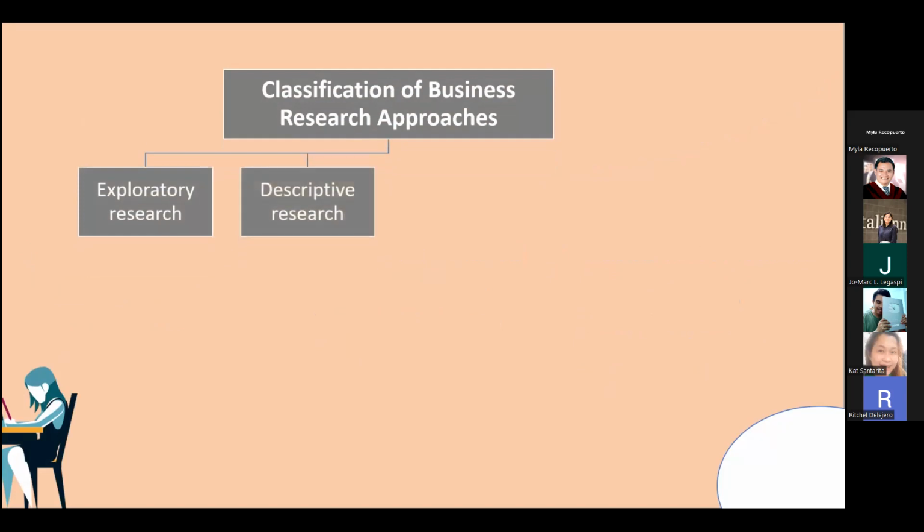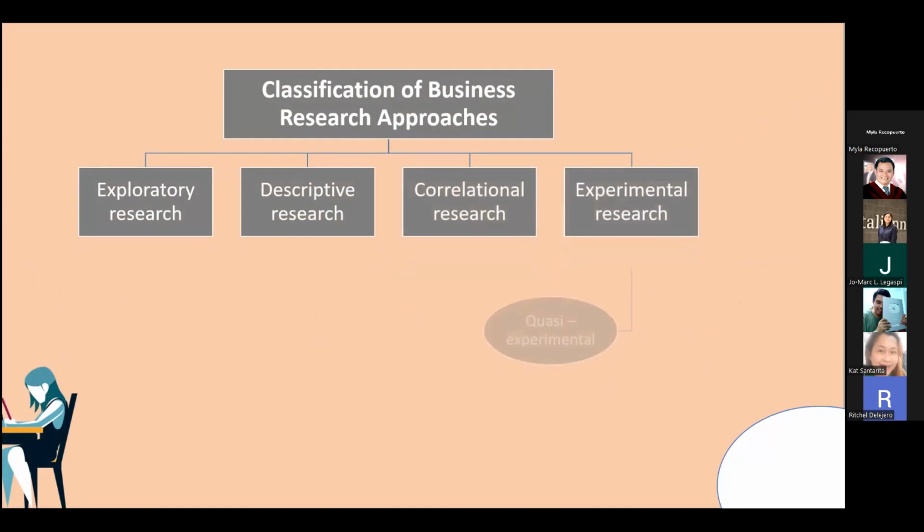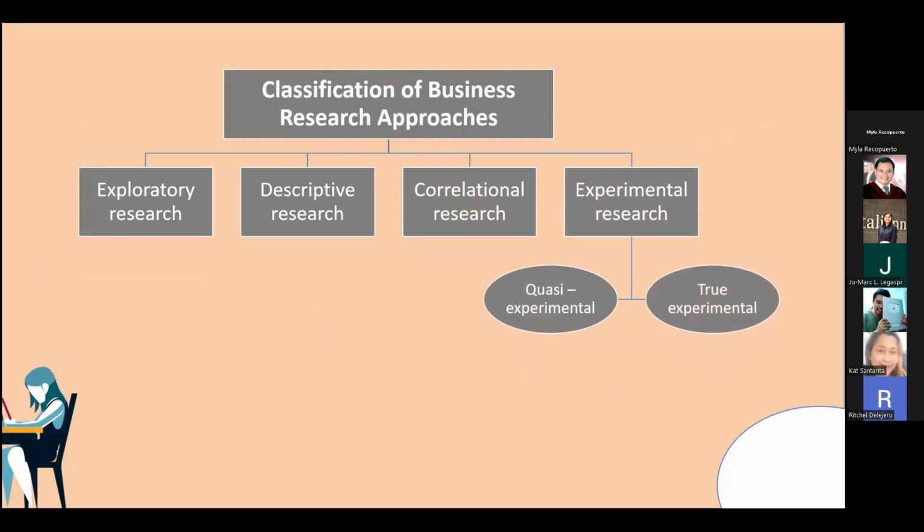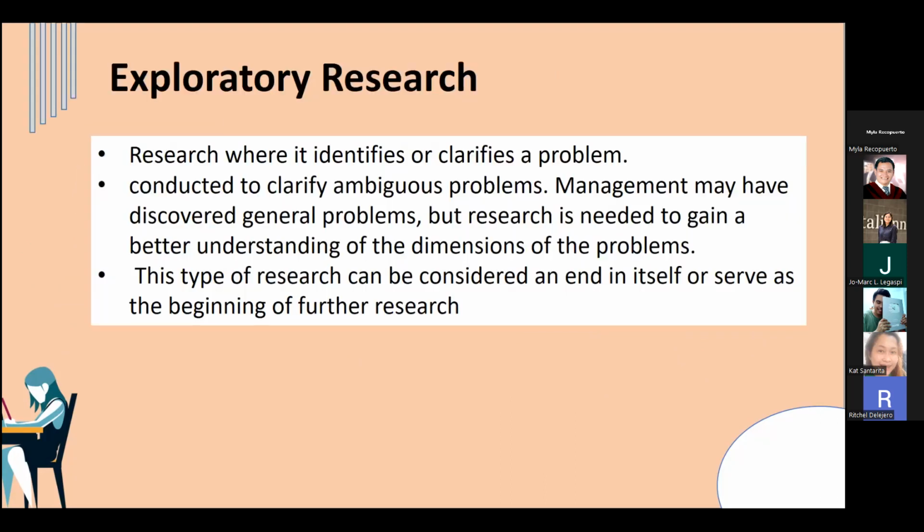These are exploratory, descriptive, correlational, and experimental, which has two types. So moving on, let's differentiate the common research designs in the business industry. We have exploratory, which is research that identifies or clarifies a problem.